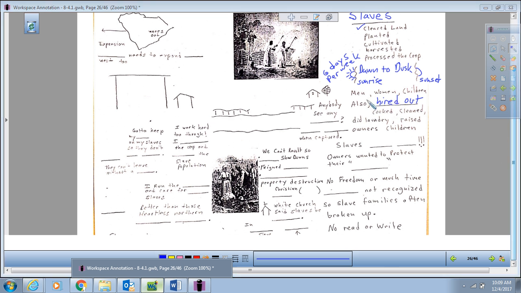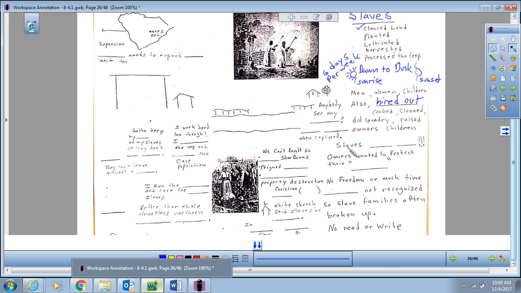Now, of course, the owner would get paid, not the slaves, except sometimes on Sunday, a slave might be talented, and he or she could earn money themselves. They were also hired out to cook, clean, do laundry, and raise the owner's children.